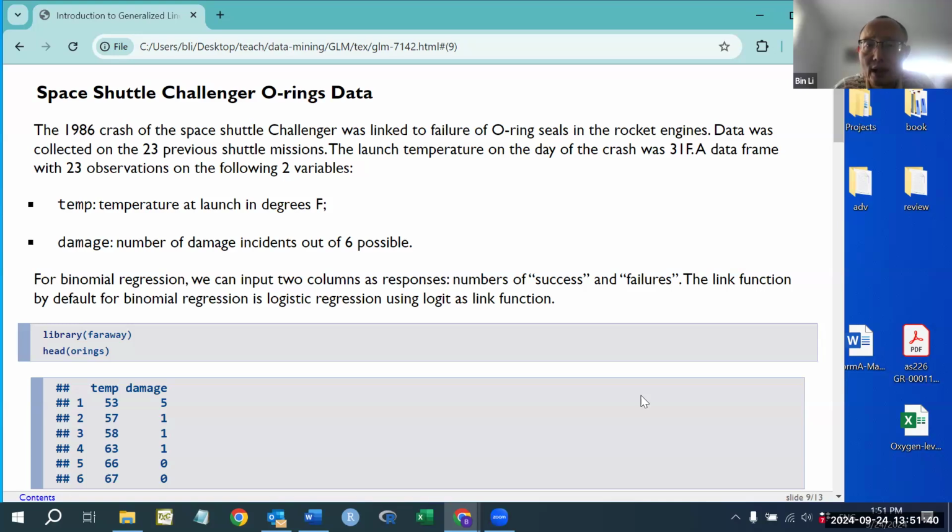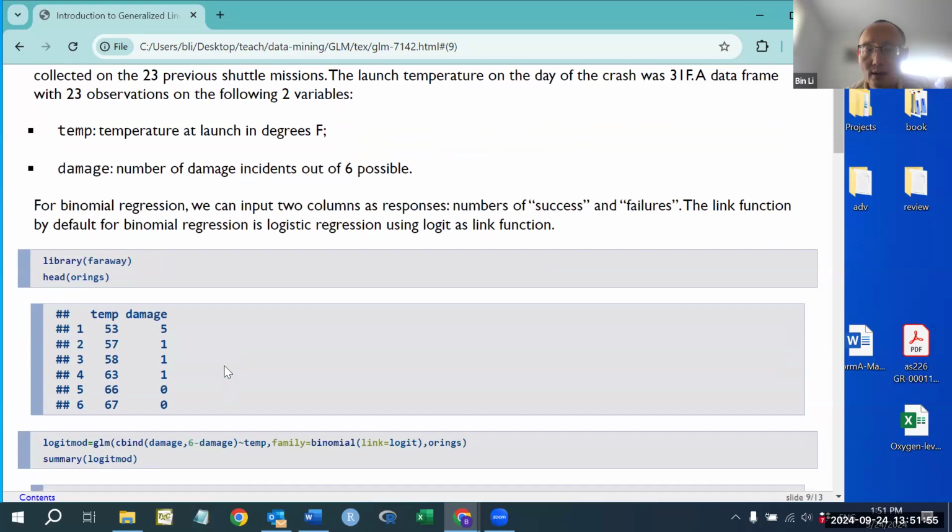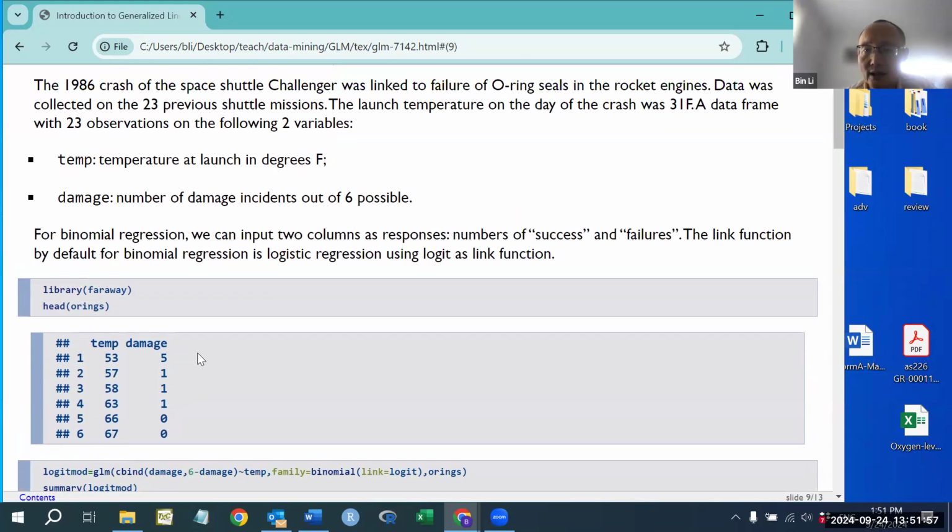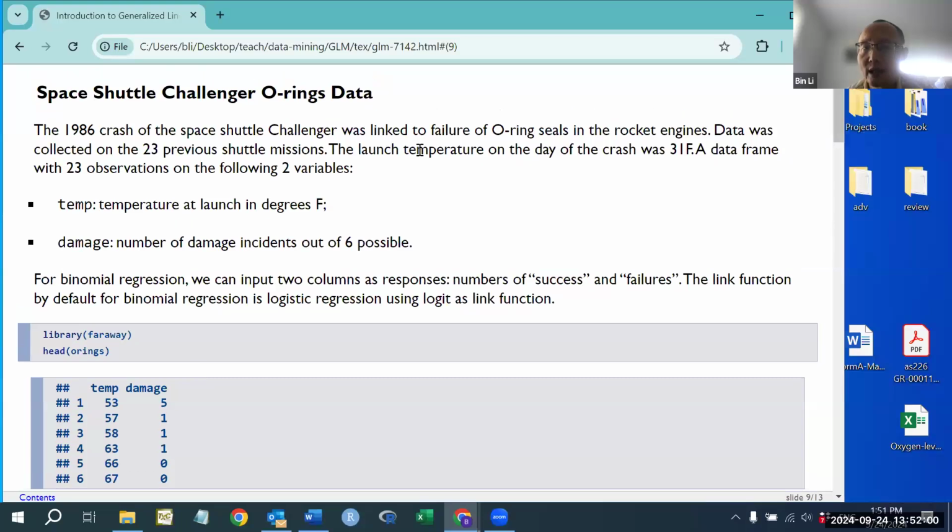We have the temperature, and we have the failure of the experiment from these 23 experiments. And the launch temperature on the day of the crash was 31 Fahrenheit for the Space Shuttle Challenger.